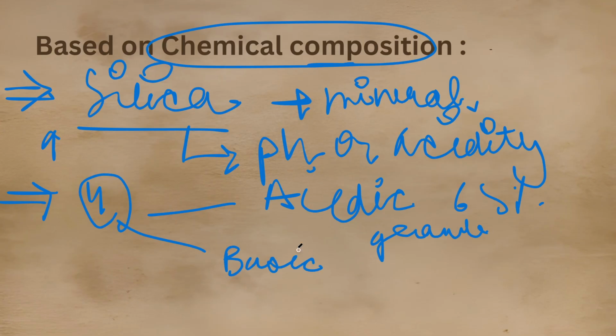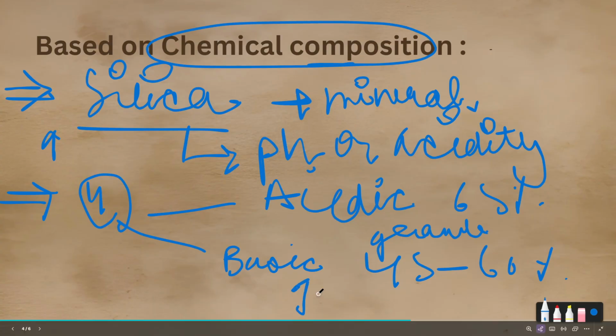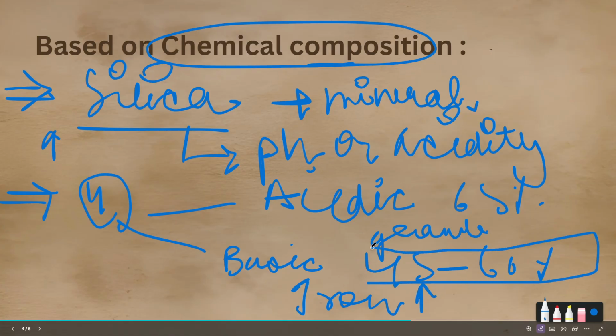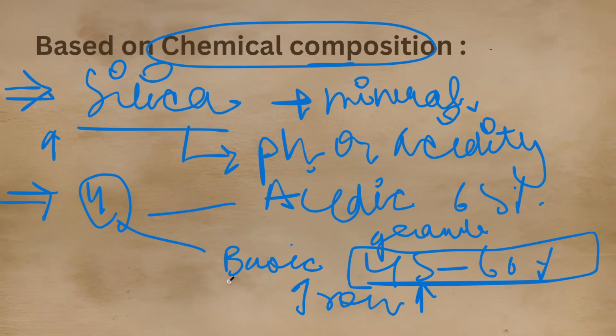Basalt is an example where the content of silica lies between 45 to 60%. Iron content of this rock is very high. So basalt is an example: acidic granite, and basic basalt.